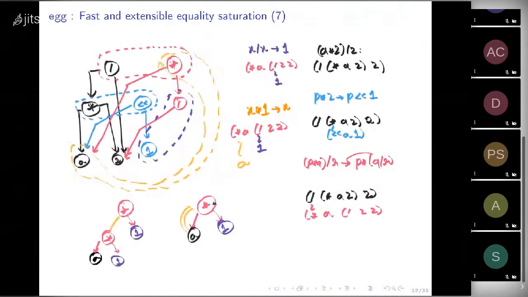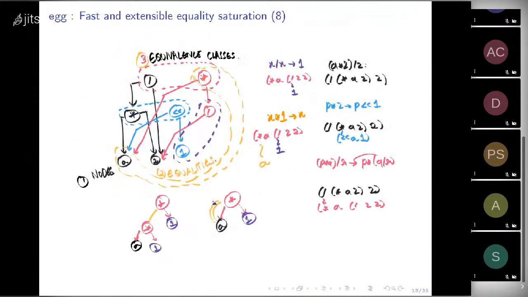Right. So in some sense, the actual ideas involved in this are to have the notion of nodes, which are these leaf nodes and these interior nodes that we have, and a notion of equalities, which we add into the thing, and a notion of the set of all expressions that are equivalent to each other.